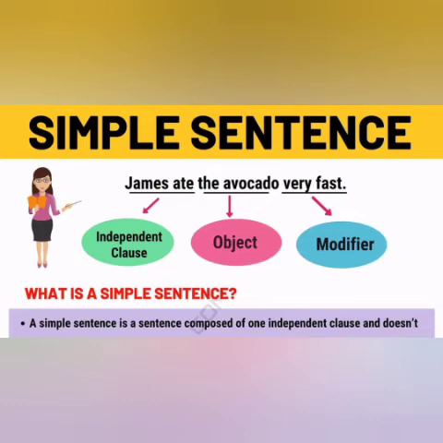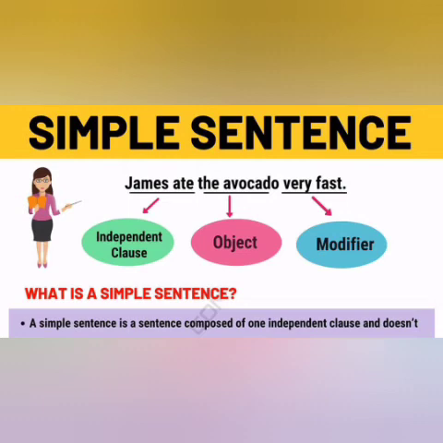James ate the avocado very fast. There is one independent clause in this sentence, that is James ate. And what did James eat? The object is the avocado and the modifier is very fast. So this is an example of a simple sentence which has only the independent clause and no dependent clause. This sentence carries a complete meaning in itself.